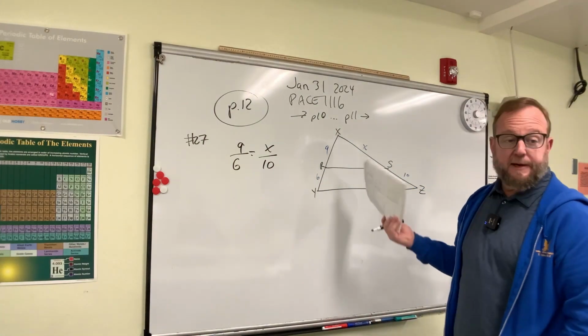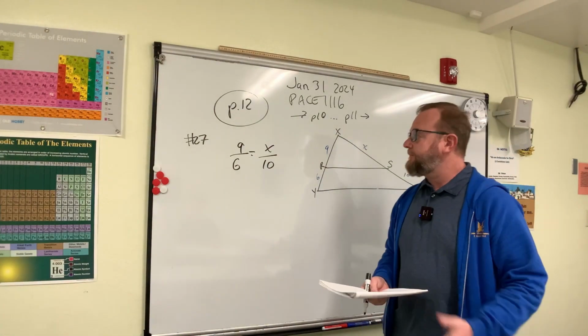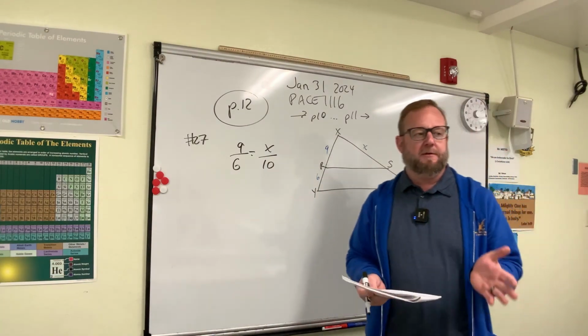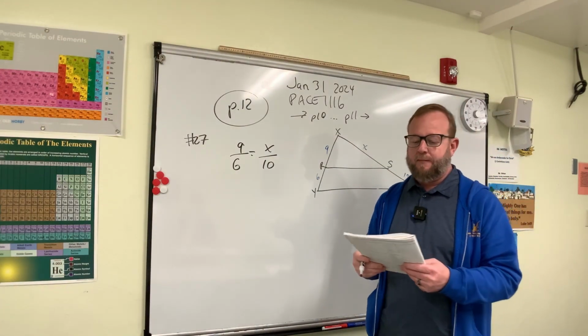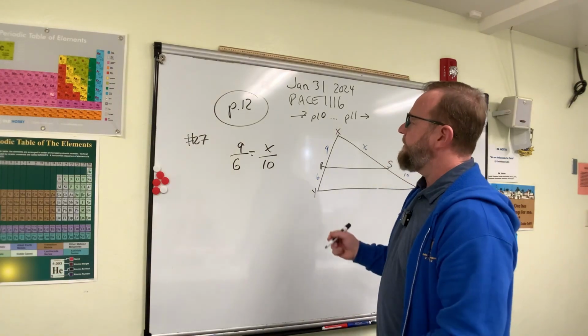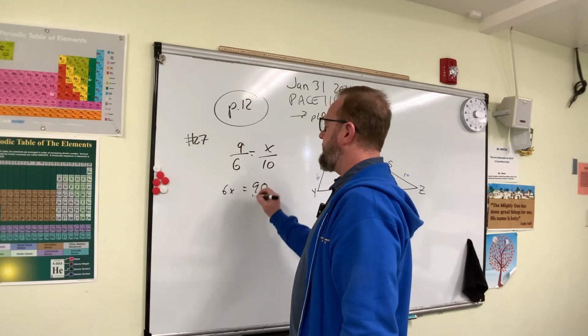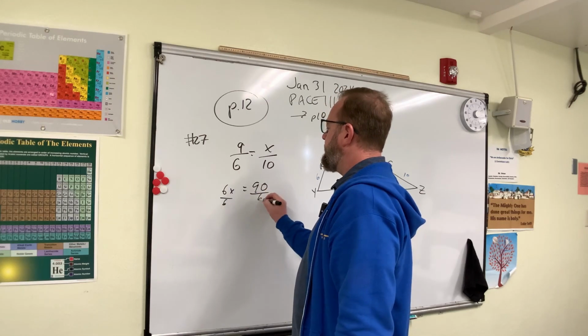Are there other ways to write that? Sure. I could flip this around, as long as I'm following the rules of proportions. If I solve for X now, I get 6X equals 90. Divide both sides by 6.